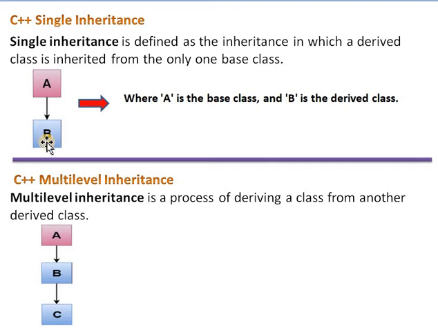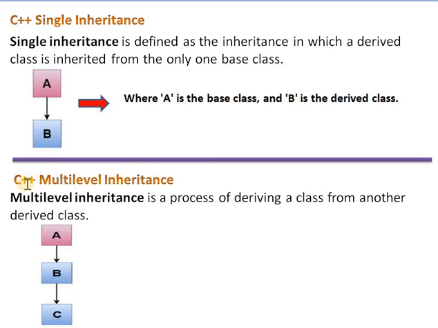That means in single inheritance, a class is allowed to inherit from only one class. That is, one subclass is inherited from one base class only. In single inheritance, there is one base class and one derived class.